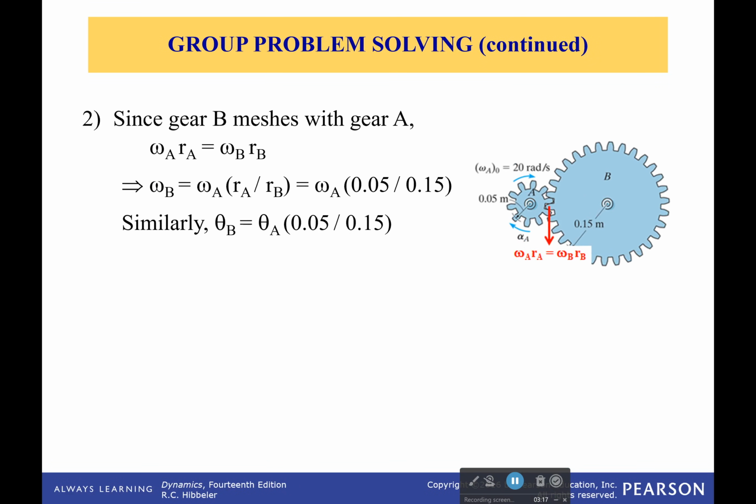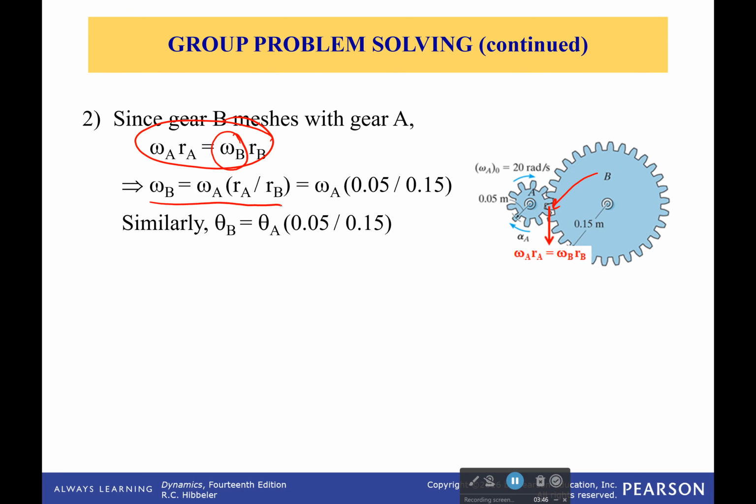So how do they connect? Well, remember that the tangential component of acceleration and the velocity, not angular velocity, just the regular point velocity, between those two gears where they mesh has to be constant. So if I'm looking at the velocity components right here, they have to be the same. And if I want to figure out what the angular velocity of B is, I can just solve for that.